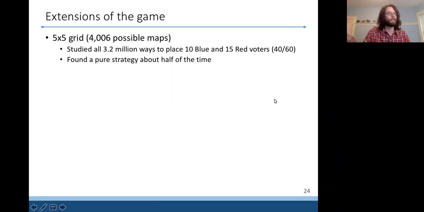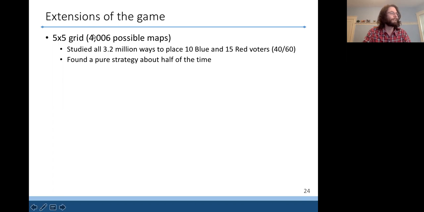So extending this out a little bit farther, we looked at 5x5 grids, which is a little bit more realistic, but still gives us the ability to not even worry about this whole random sampling thing, because we can actually look at all 4,006 possible maps. Interestingly, when we did this, I couldn't find online some data that actually had these maps already made for me.